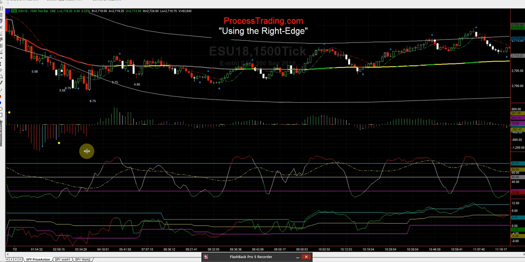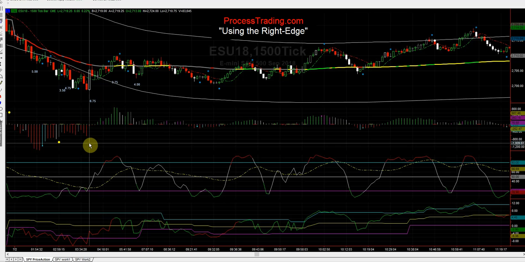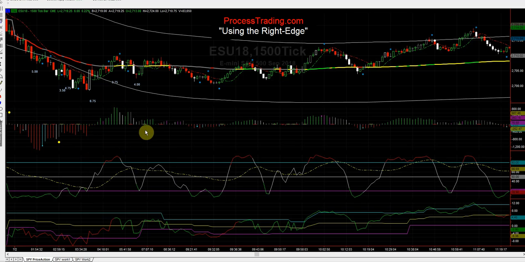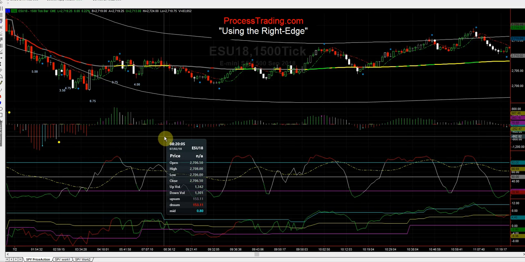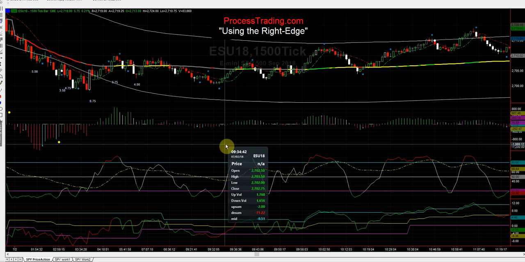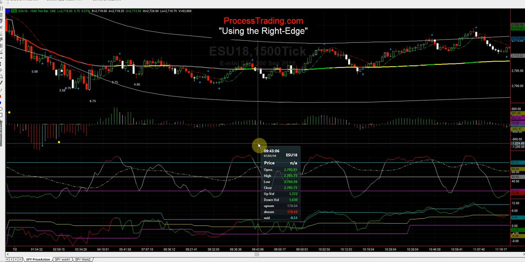So here we go. Right here, it cuts across going up, price goes up. Right here, it's going down through it, price starts dropping. Here it cuts through going down, price goes down. Here it cuts through going up, price goes up. Here it cuts through, price goes down.